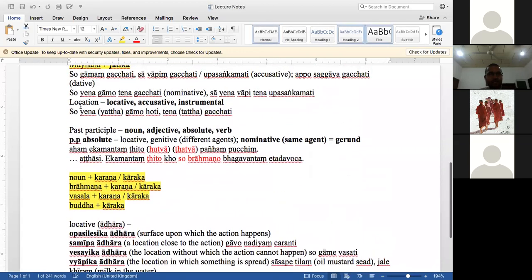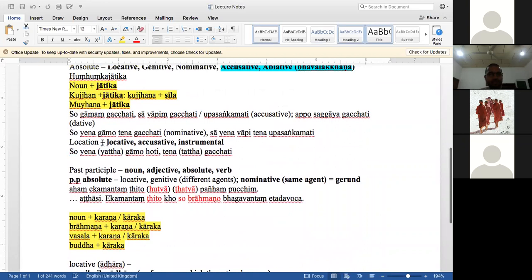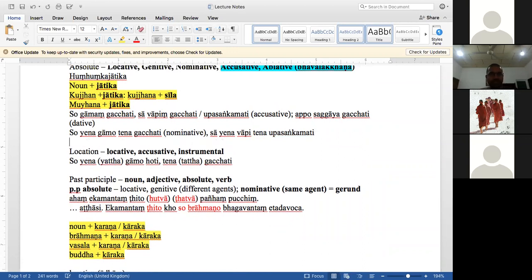For example, in the previous notes I mentioned yena gamo tena gacchati, yena vapi tena upasamkamati. We also mentioned the grammatical rule behind this.